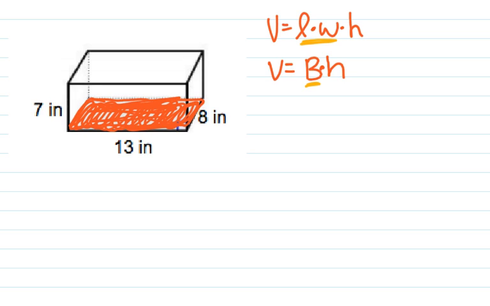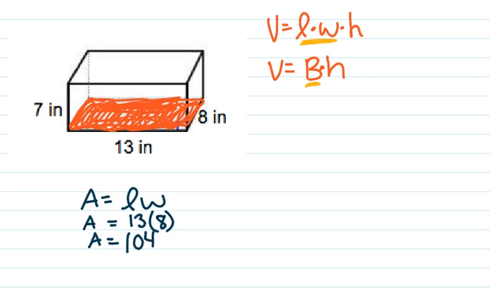So we're going to say area equals length times width. The length of this rectangle is 13 and the width is 8. Making the area of our rectangle 104 inches squared.